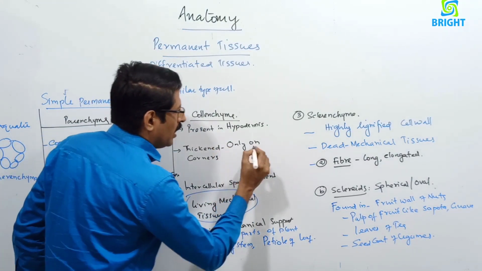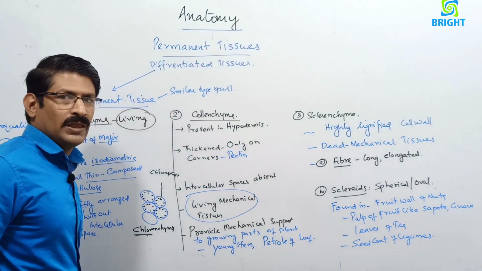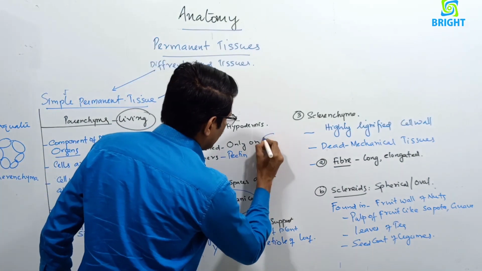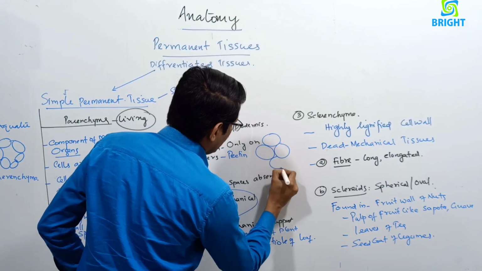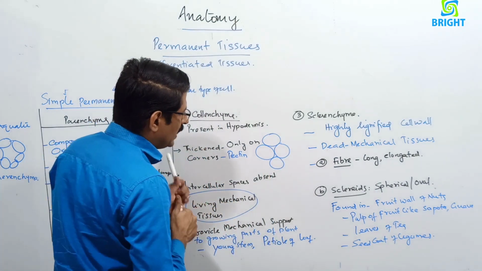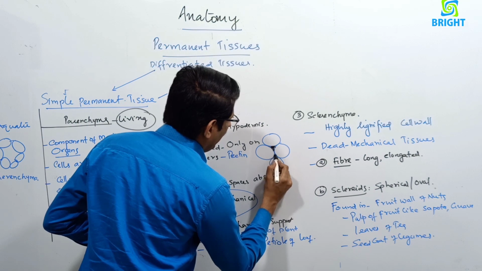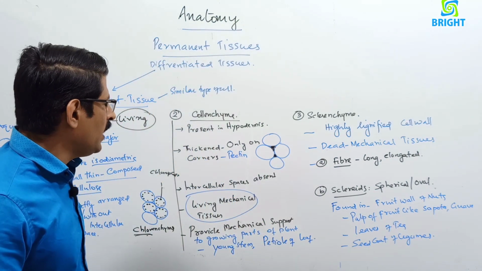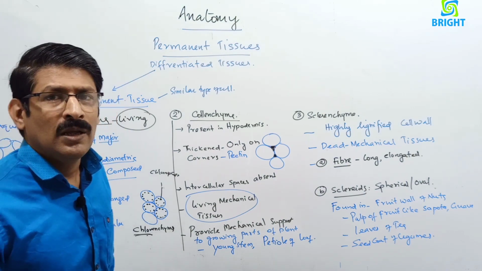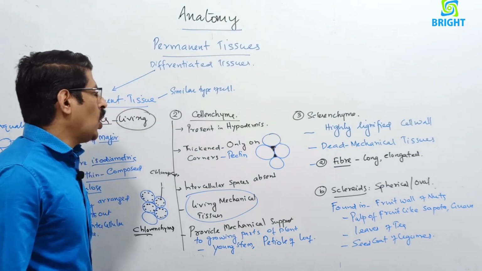wall are thickened with pectin. So this is a cell, this is another cell, this is another cell. In these cells, the corner regions are thickened. So it provides mechanical support and flexibility to the plant body, but they also carry out metabolism. So the second type of tissue is collenchyma tissue.